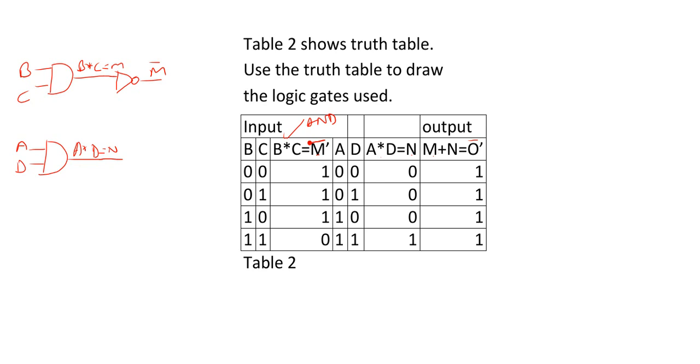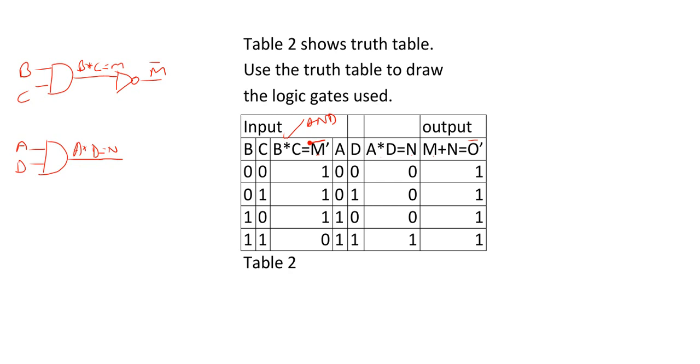After that, in the output, we are having M. Remember, M here is not having a complement, is not having a bar. So it means our M here, to go to the final output, will be complemented further. And the gate that is used in M or N is the OR gate.